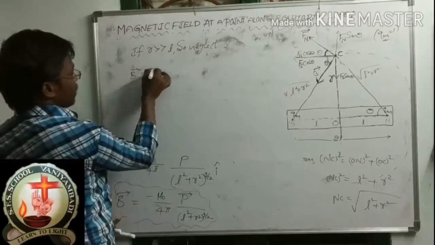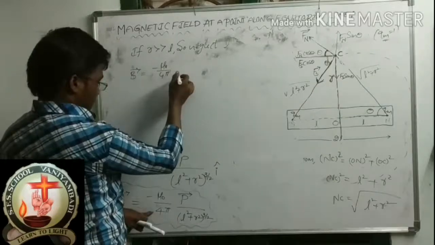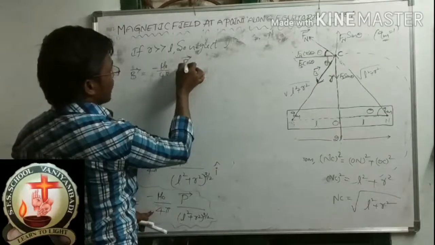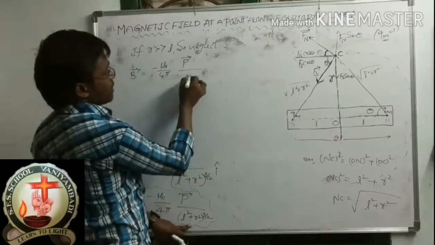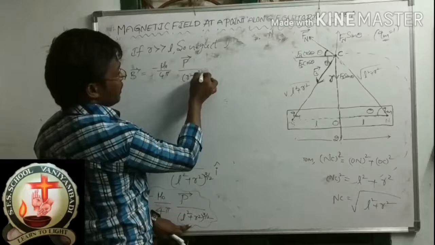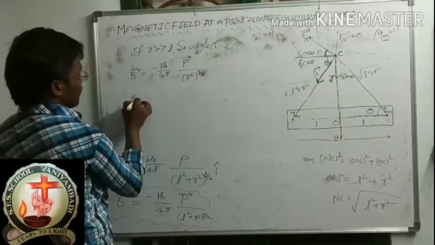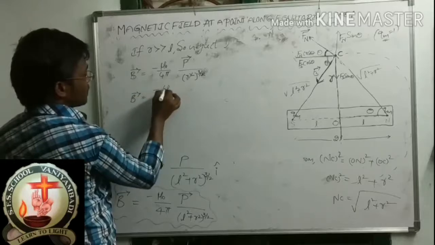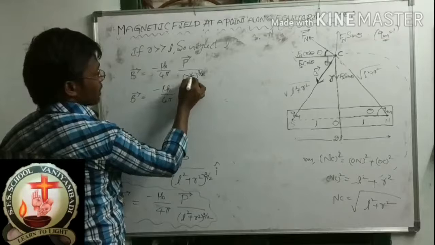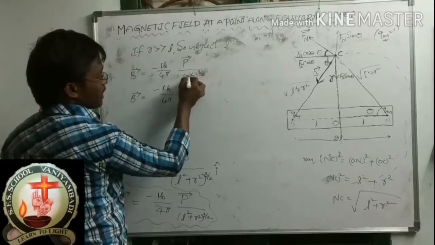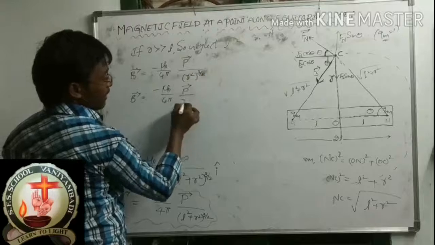Now again you should write this equation. B bar is equal to minus mu naught by 4 pi P bar by, here we are neglecting the L square, so you can remove that, R square whole power 3 by 2. So here 3 by 2, the 2 cancels, remaining B bar is equal to minus mu naught by 4 pi into P bar by R square, cancel means R is there, 3 is there, so R cube.